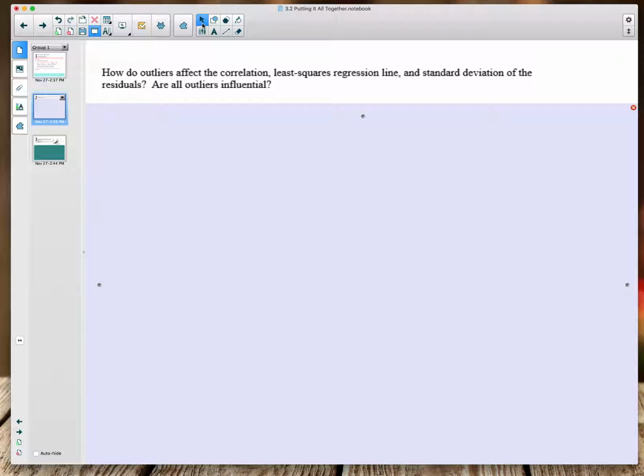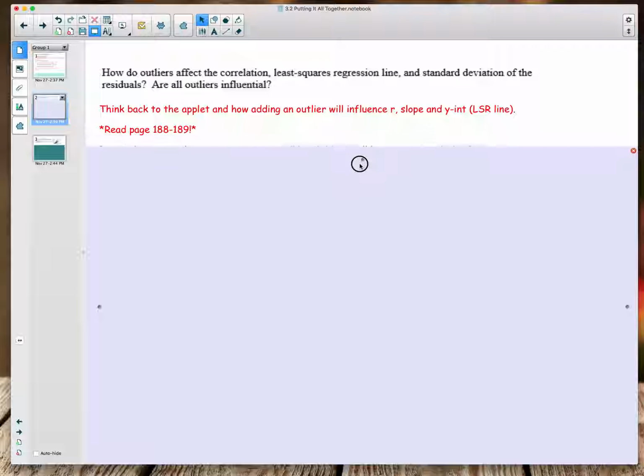It's got the graph there and the adaptive score, and then child 19 and child 18, those are your outliers. In that box, it gives you your r value and your least squares regression line with all 19 children. Then it takes out child 19 and child 18. Pay special attention to that and how it's changing.